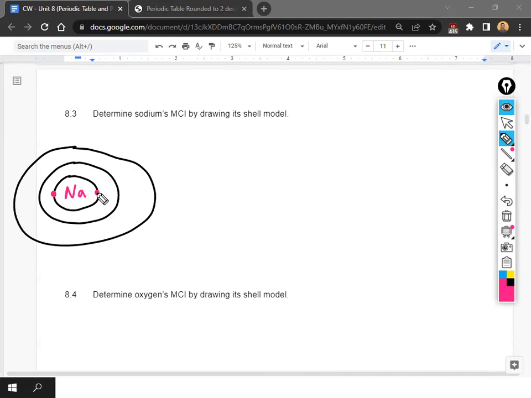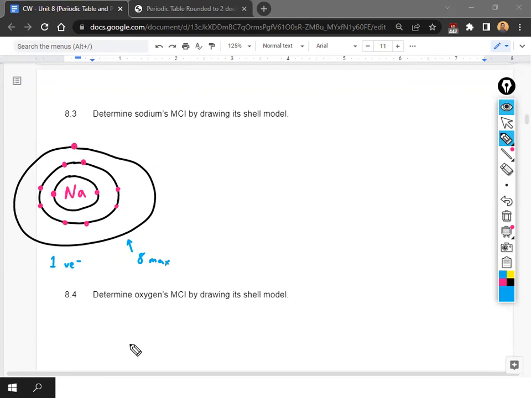You've got 2 electrons in the first shell, 8 in the second shell, and 1 in the valence shell. Okay. Now, if you take a look at this sodium atom, it has 1 valence electron. Okay, but how many electrons can go in the third shell? Yeah, it can hold 8. Okay.